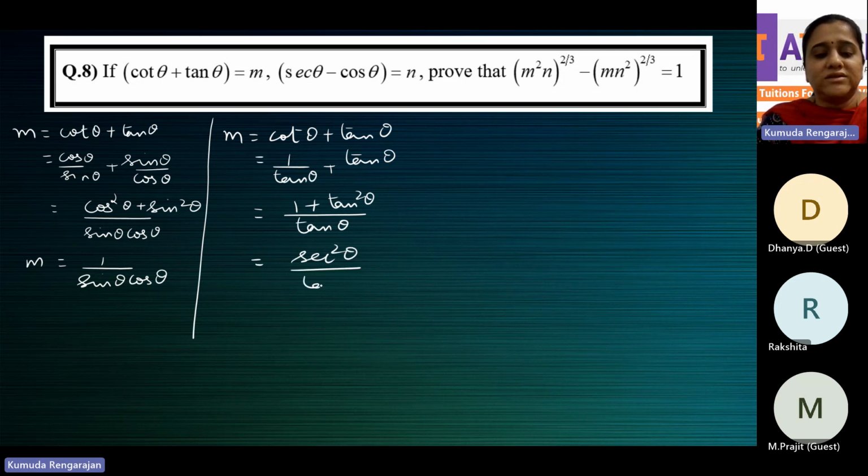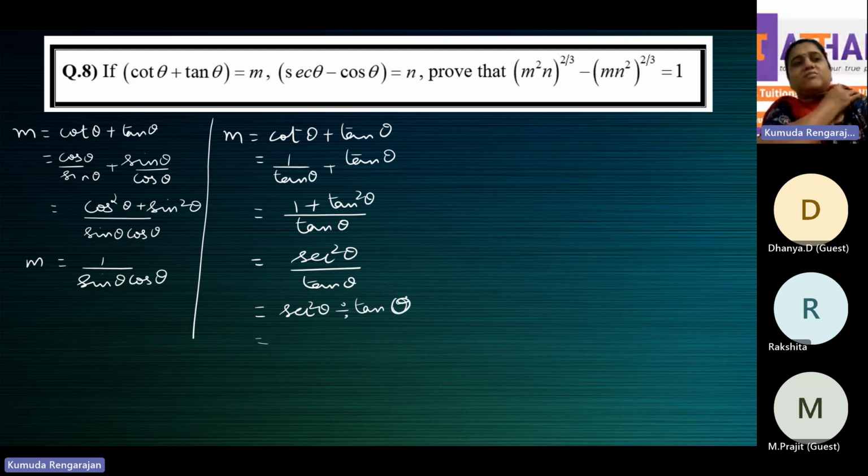So secant square theta by tan theta. Now see here, we are working not to complicate the expression, but to simplify it. So you don't leave it with secant square theta by tan theta. You want it simpler. Simpler means you want it in sine and cos. So don't stop there.